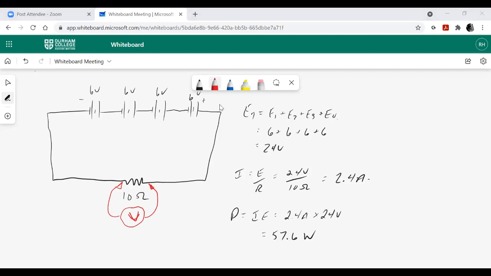Right on, 24 volts. Okay, this hasn't changed just because I've got multiple sources. So I've got a 24 volt source, but I've only got one load. So I have to drop all of this voltage across, well, I've only got the one load. So I've got to drop the 24 volts there at my load. Okay, that's where it all goes.